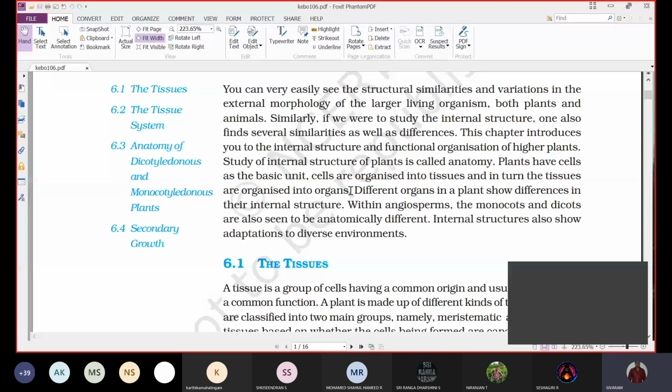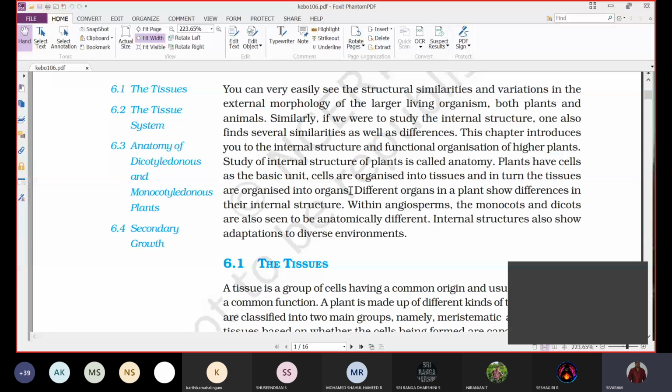Next, different organs in the plant show differences in their internal structure. Definitely, because all are not having the same structure and same function, the cells or tissues present in the organs show differences in their internal structure.